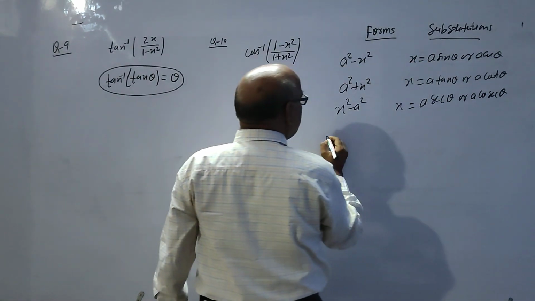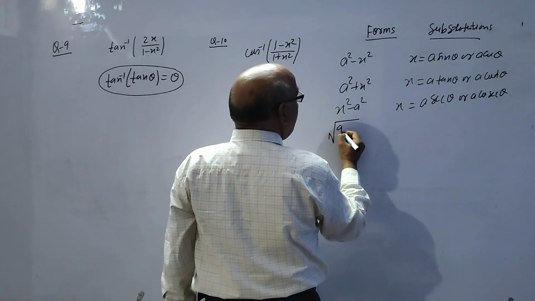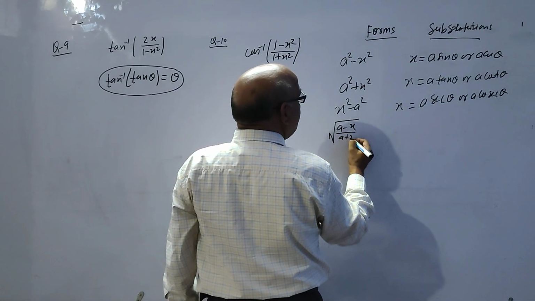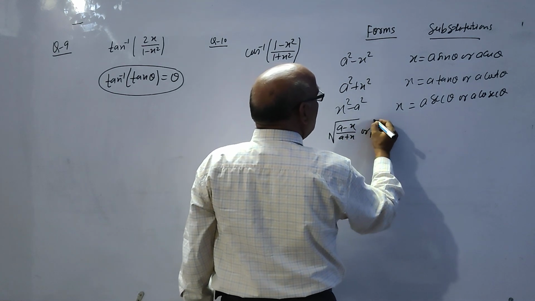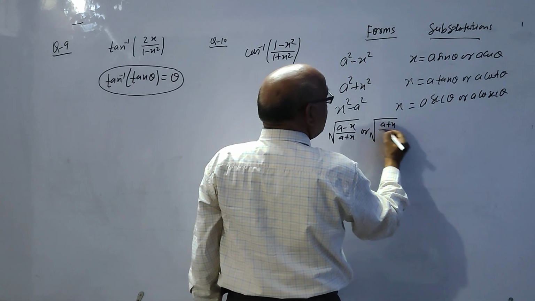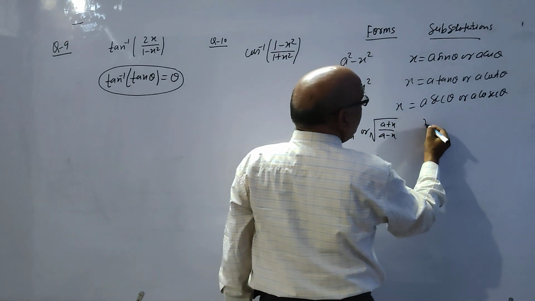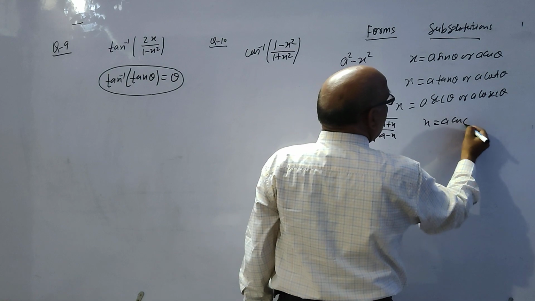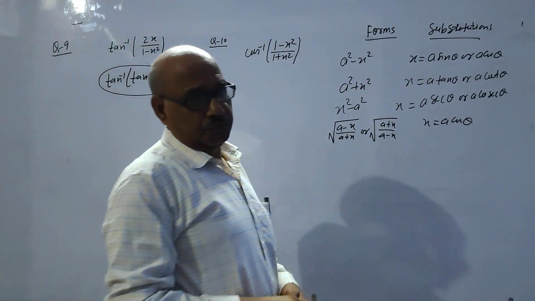And if the form is under root a minus x upon a plus x, or under root a plus x upon a minus x, then always substitute x is equal to a cos 2 theta.